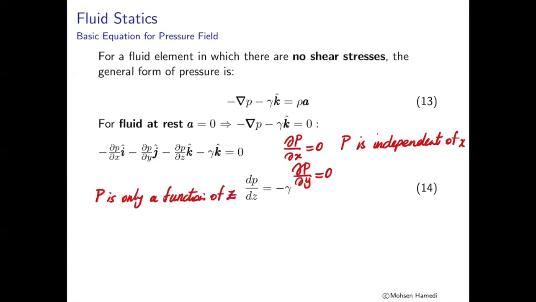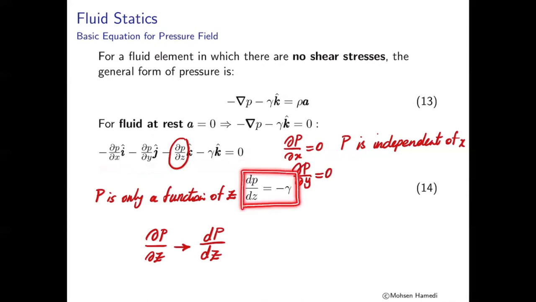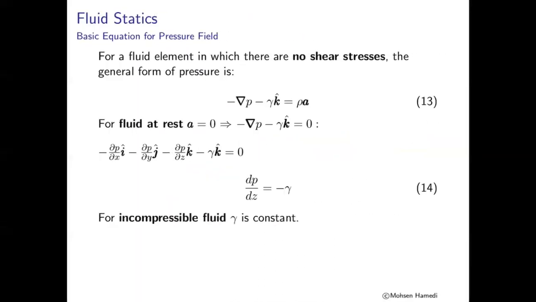So since the pressure is only a function of Z, here del P over del Z can be written as the total derivative, which is dP over dZ. So from Newton's second law, we found that dP over dZ is equal to minus gamma. And also for incompressible fluid, gamma will be constant.